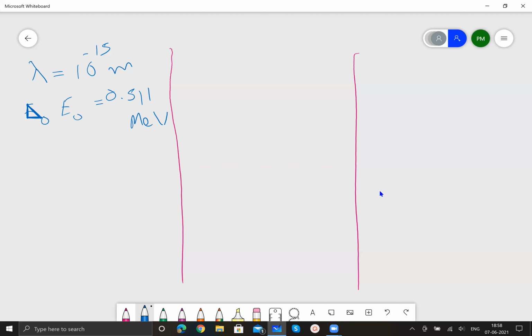Tell me how will you do this? E naught square is equal to E square minus P square C square. We want E, so tell me the formula for E directly.